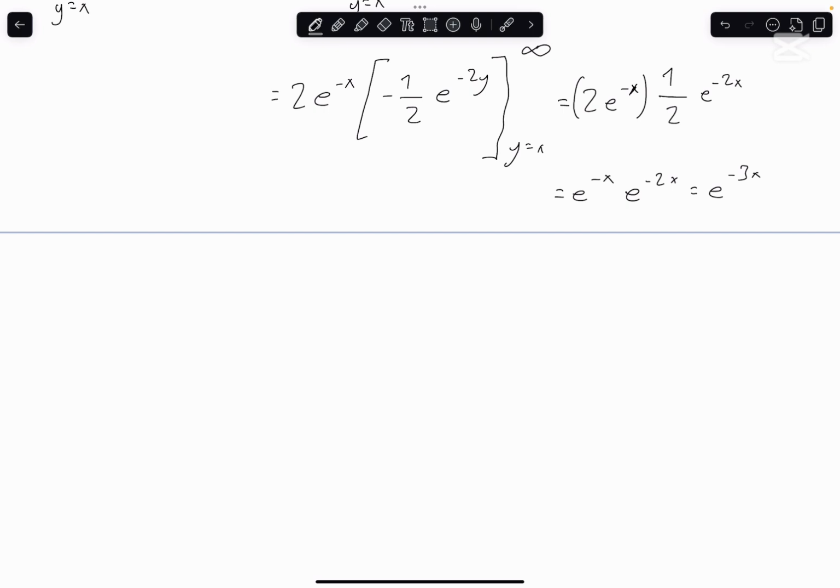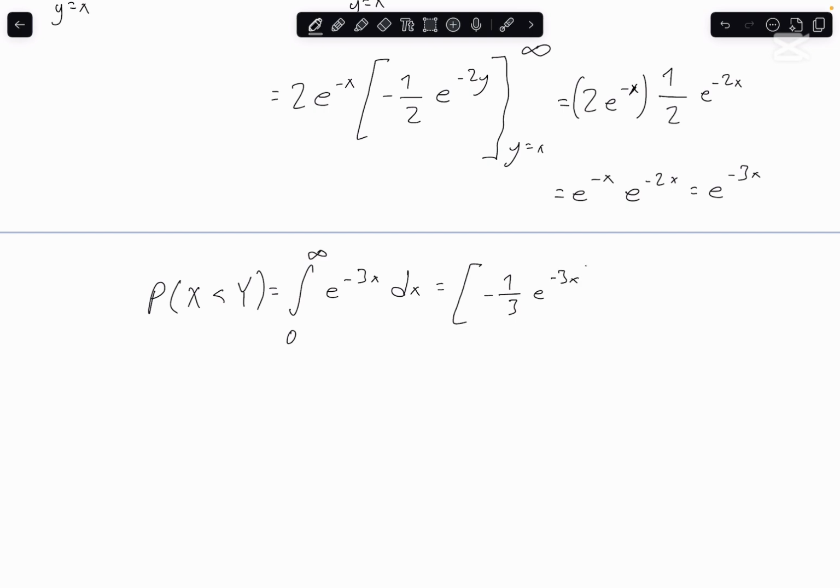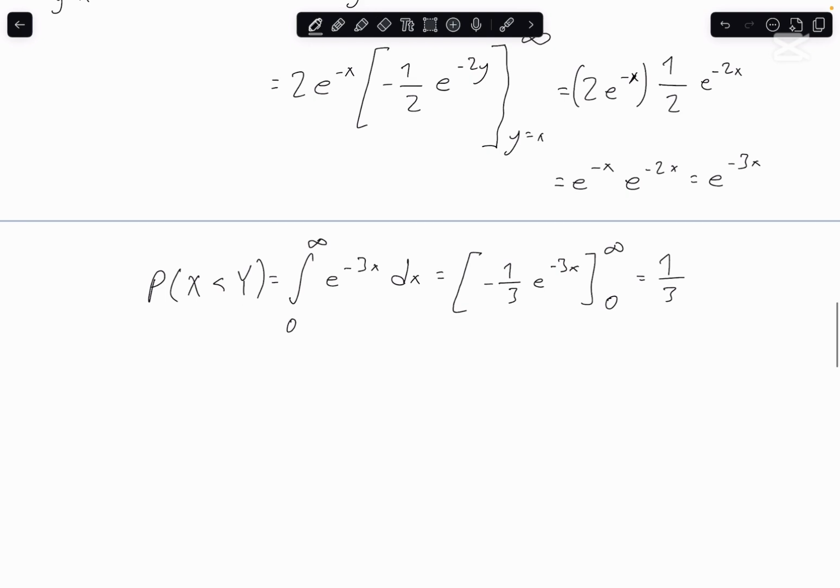That reduces the double integral to a single one. Finally, we can calculate the probability of this by calculating this integral. So there is a 1/3 chance the engine fails before the suspension.